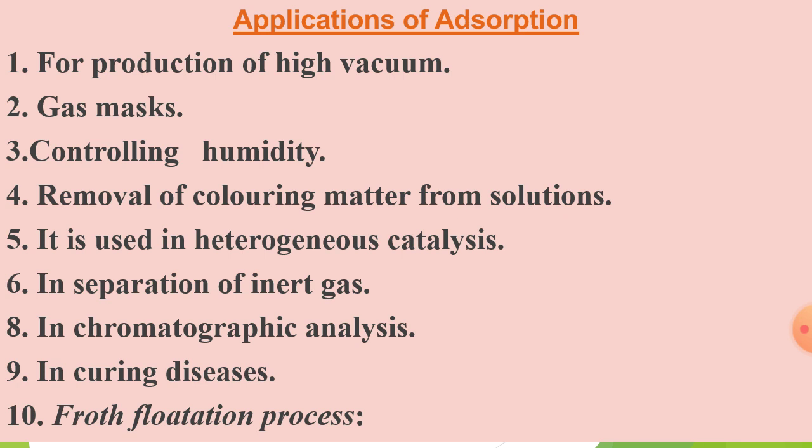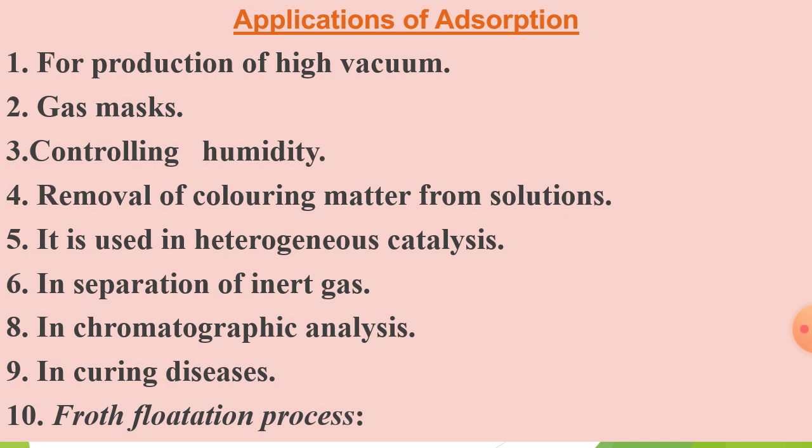This is also by the process of adsorption. That means if you add charcoal powder in the ink, after some time the color of the ink diminishes. That indicates the color particles in the ink solution are adsorbed by the carbon, that is charcoal.